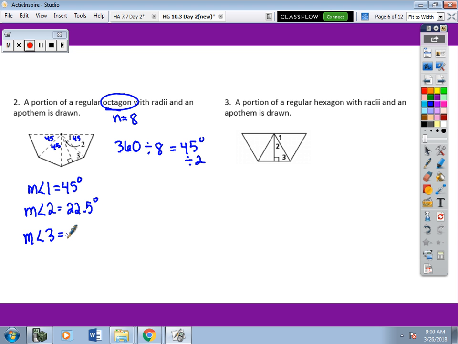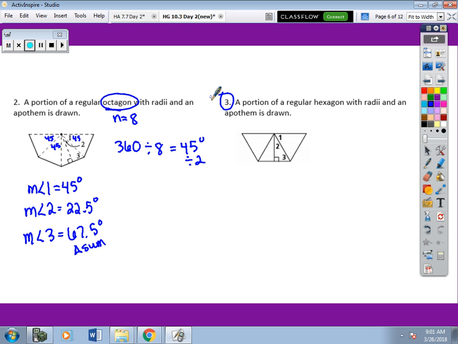Since you know that it's only half, could you do 180 divided by 4? No, because you'd still get 45. So what do we get for measure of angle 3 then? And that was just using triangles.